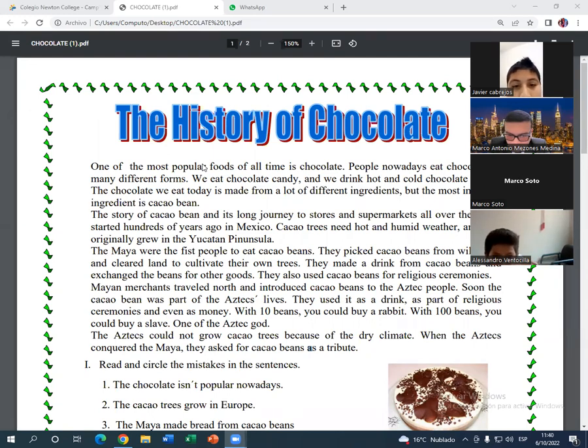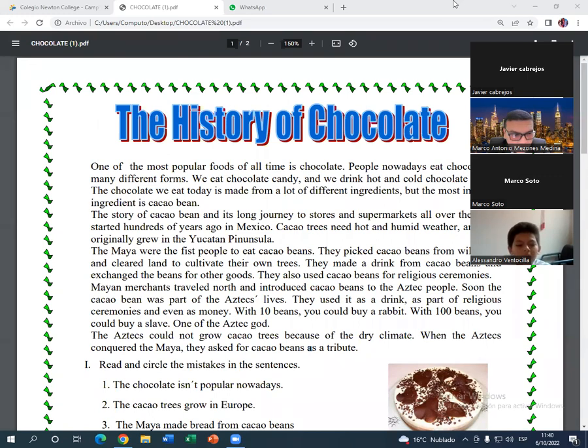The chocolate we eat today is made from a lot of different ingredients, but the most important is cacao beans. The history of cacao bean and its long journey to stores and supermarkets all over the world started hundreds of years ago in Mexico, and they originally grew in the Yucatan Peninsula.